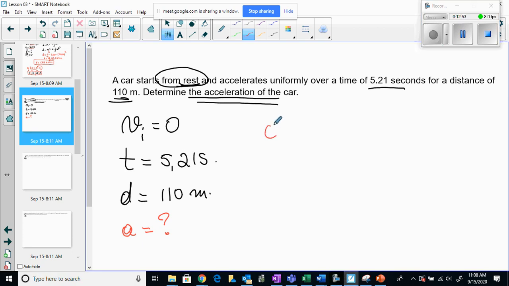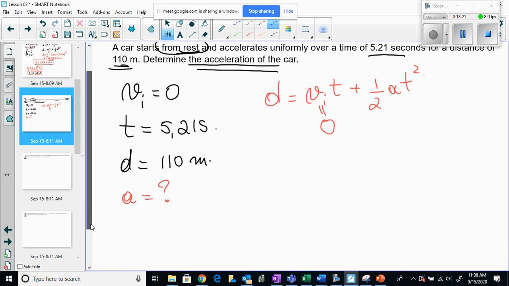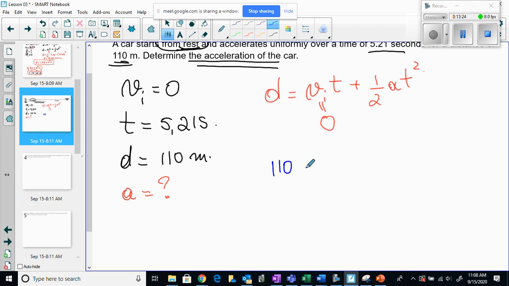So the equation that we will use is v initial t plus 1 over 2 a t squared. Since v initial is equal to 0, the whole first term is equal to 0, because anything multiplied by 0 gives you 0. So now we substitute everything. 110 is equal to 1 over 2 times acceleration times 5.21 squared.